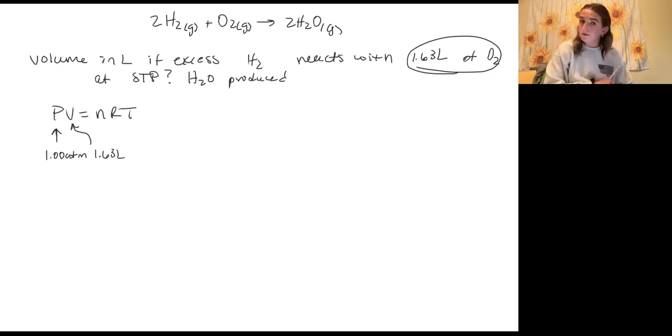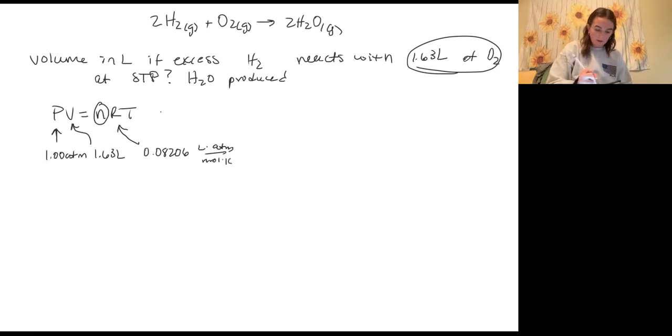Do we know our moles? No, we do not. So this is what we need. We know R, this is 0.08206 liters times atm over mole Kelvin, which is given to you. And then we know temperature is 273 Kelvin.